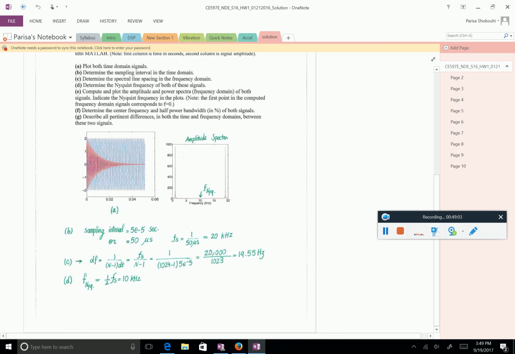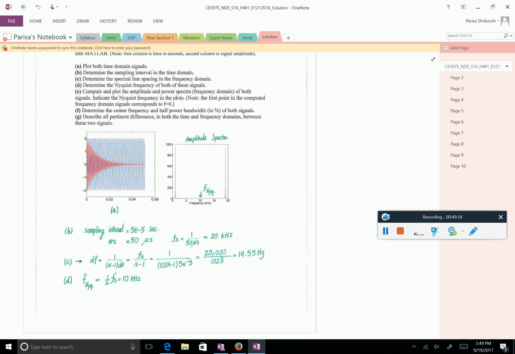So the first problem, I think most of you answered this right. A few people made a very strange mistake: in these signals, the first column was time and the second column is the signal. If you used the first column to do the FFT, that's why it looks very strange.